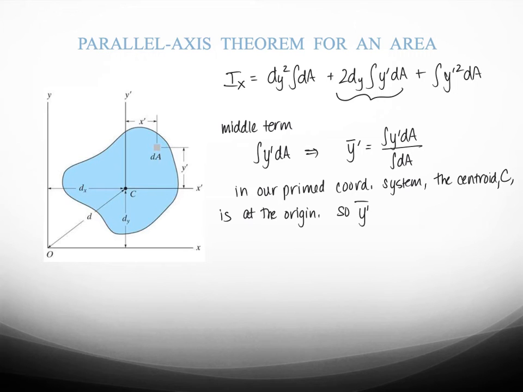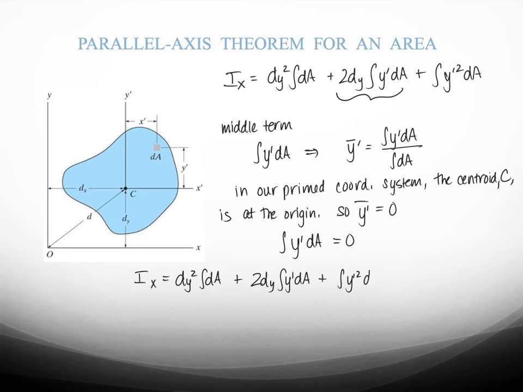So y prime centroid is 0, which means that this integral of y prime dA is also 0. So when we look at our expression for Ix, this whole middle term vanishes.